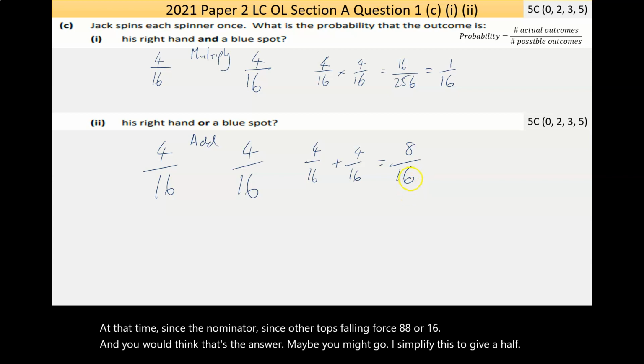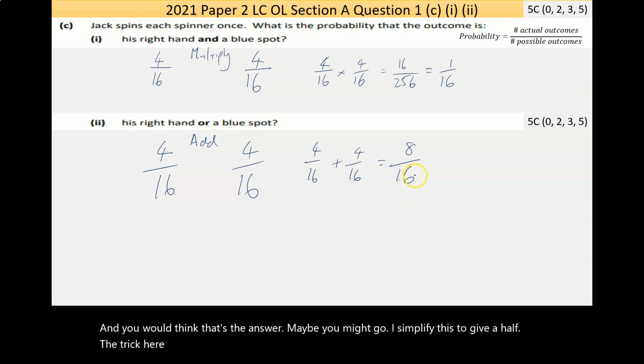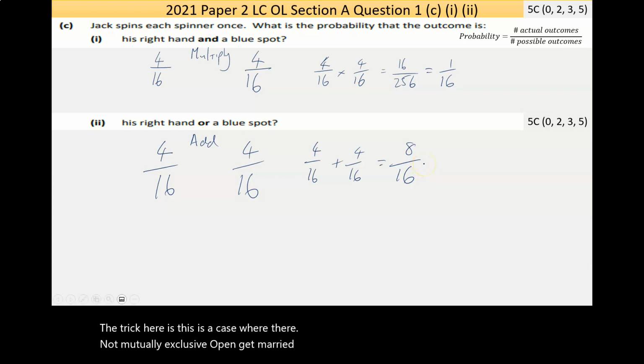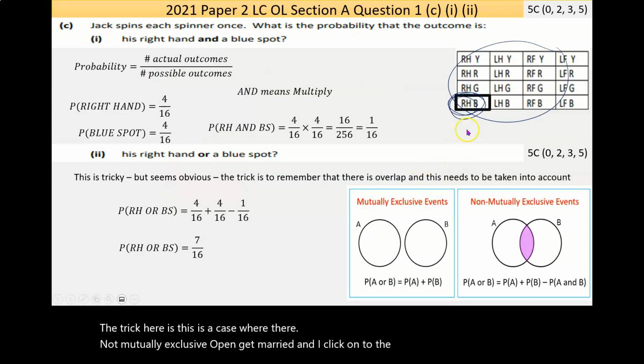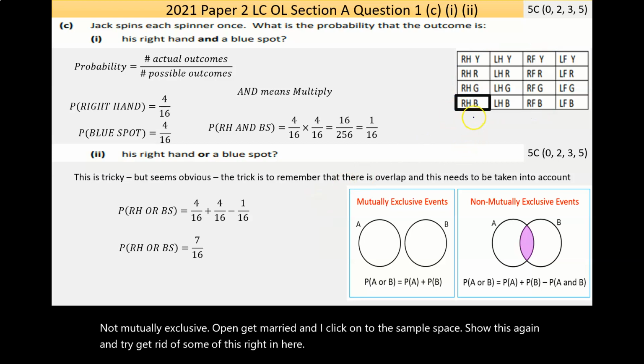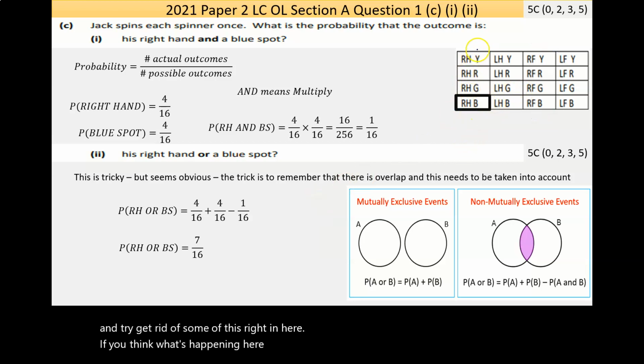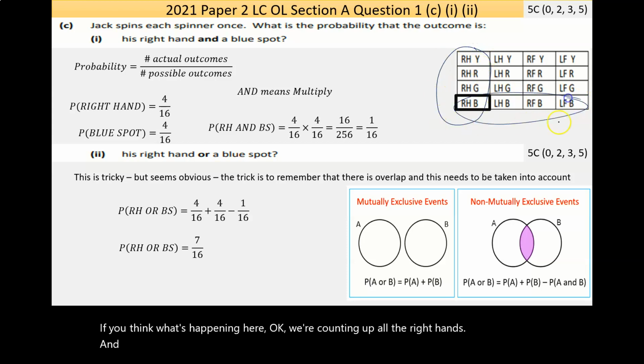Now, the trick here is this is a case where they're not mutually exclusive. I hope I'm getting that right. I'll flick on to the sample space to show this again and try to get rid of some of this writing here. If you think what's happening here, we're counting up all the right hands and all the blues.